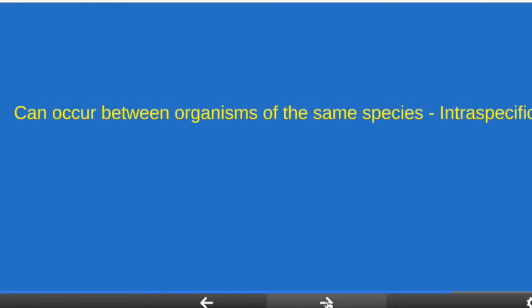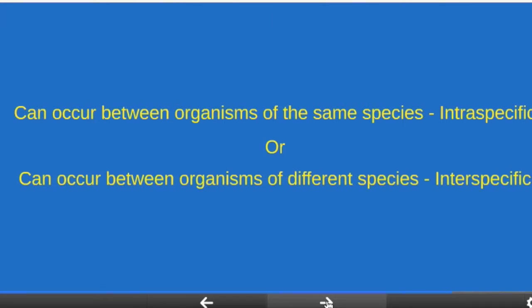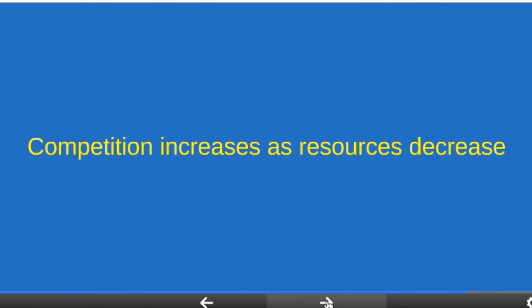Competition can occur between either organisms of the same species, which is called intraspecific competition, or it can occur between organisms of a different species, which is considered interspecific competition. Either way, competition increases as resources decrease. When items such as food become scarce, the competition for those items becomes fierce.